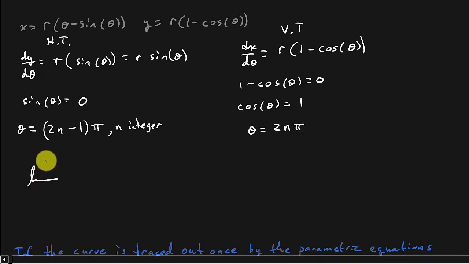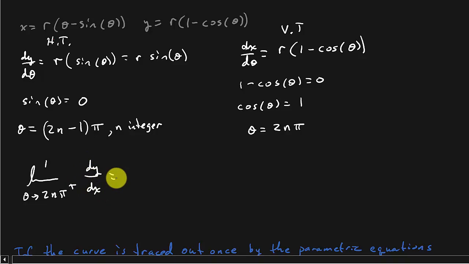So I've got the limit as theta goes to 2n pi, and let's just go from the right, of 2n pi, of what? Of dy dx. All right, that's what we're doing, dy dx.